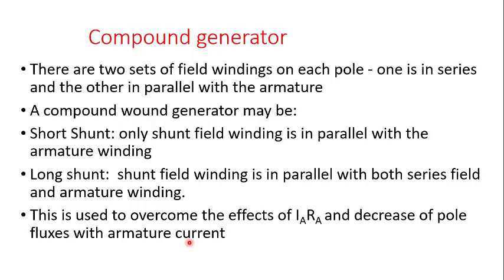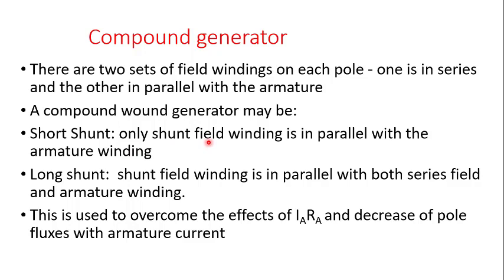Based on the fact that it becomes difficult to control the field flux in series, because the load current is directly the same as the field current, we connect it in series. So we have one that we call short shunt. Short shunt means that only the shunt field winding is in parallel with the armature circuit.